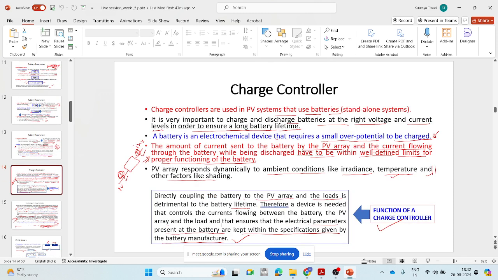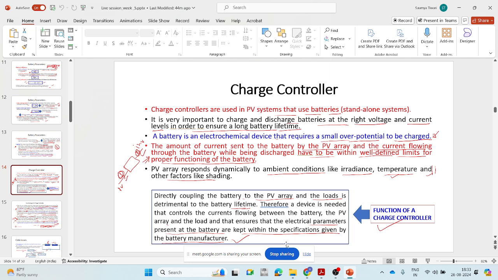Now battery is done. Coming to the charge controller, as the name suggests, it controls the charge that comes in and out of the batteries. It's a very important device in the whole PV system, because it helps in maintaining the lifetime of your battery.